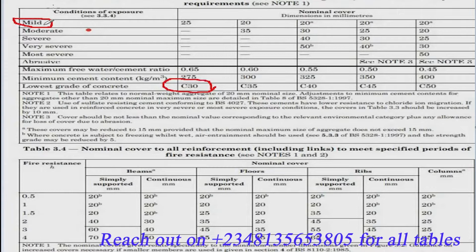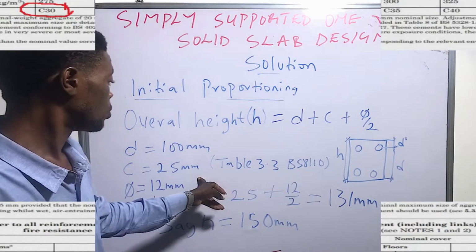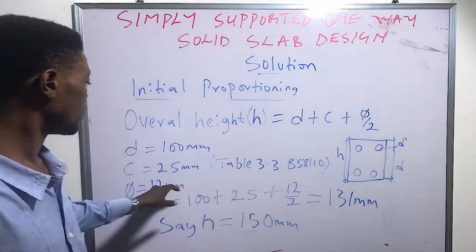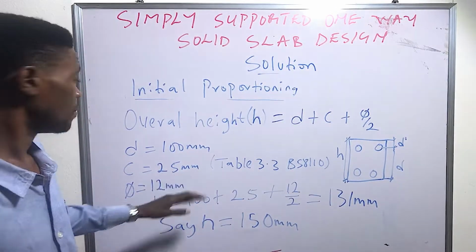So to pick your nominal cover, this row and this column where they intersect, then your nominal cover becomes 25 mm. So from table 3.3, you can get your cover as 25 mm.